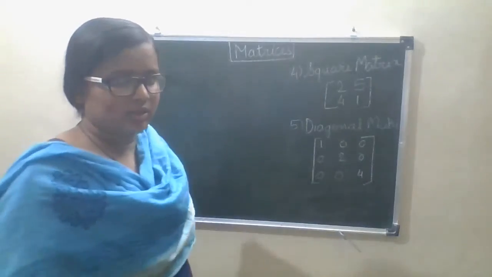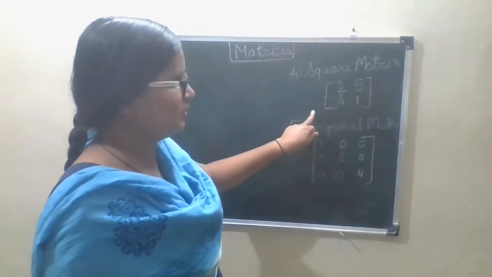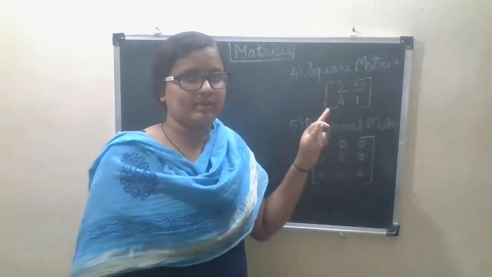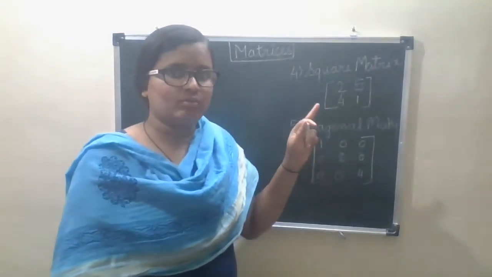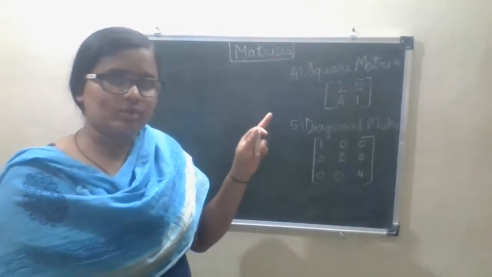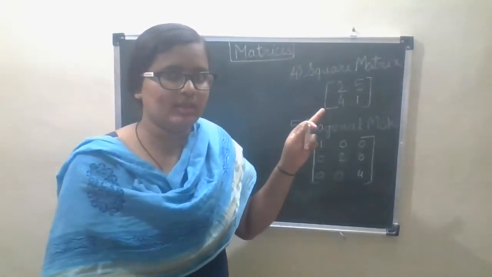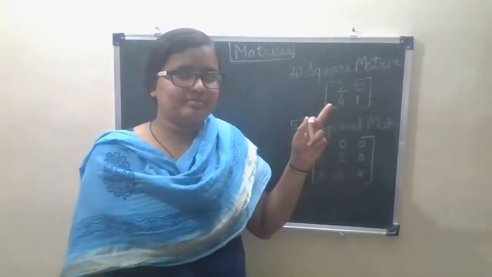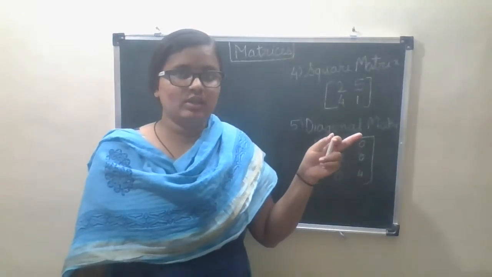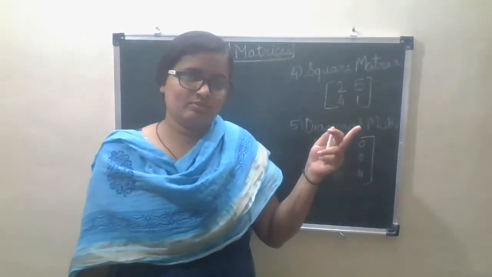Now the next matrix is the square matrix. Square matrix means a matrix having the same number of rows and columns. If the rows are 2, then the columns will also be 2, and if the rows are 1, then the columns will also be 1.